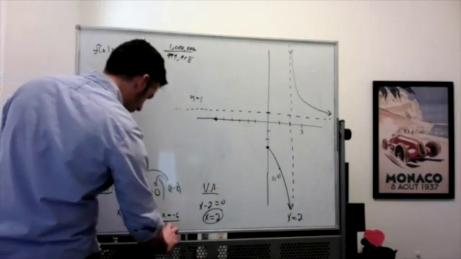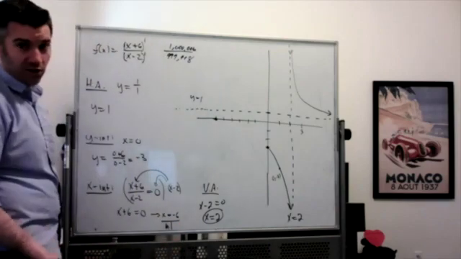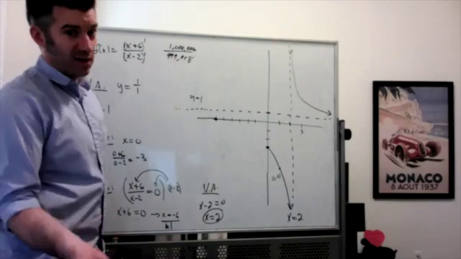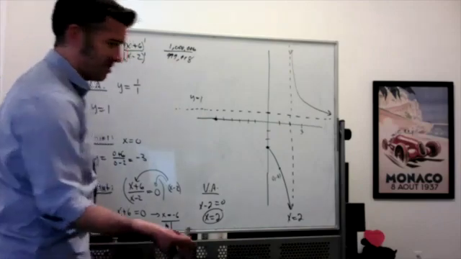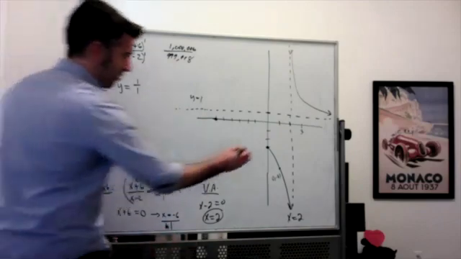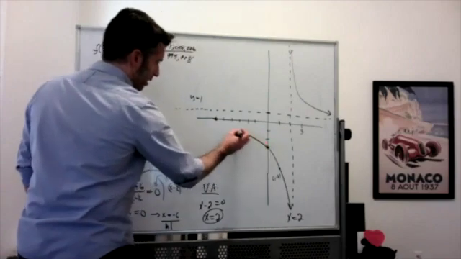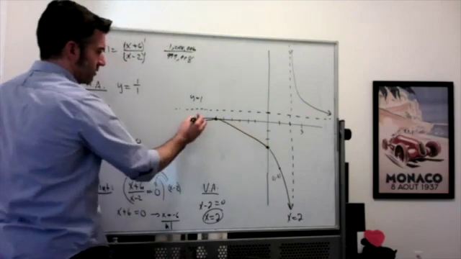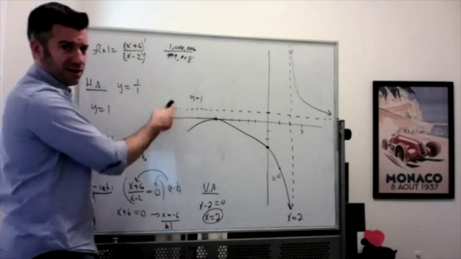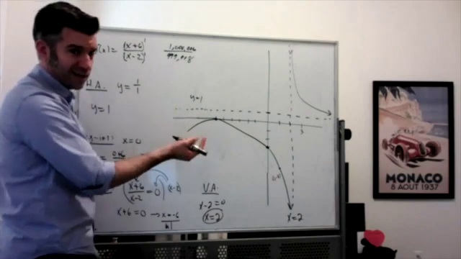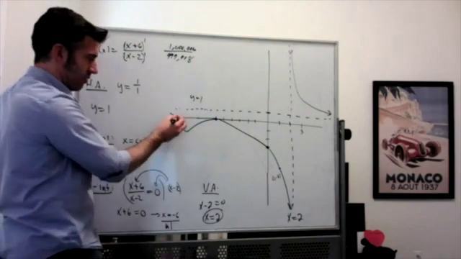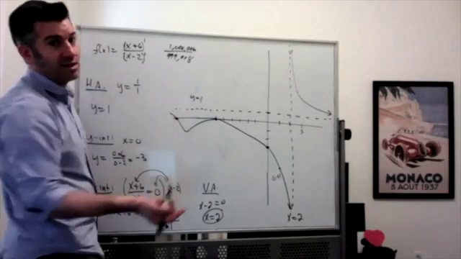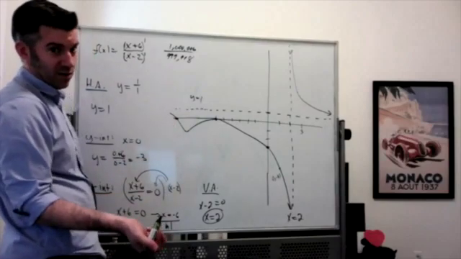The multiplicity here is 1, which means we're going to cross. Also, if you didn't want to think about that, you could say, well, there's a problem if I draw it wrong. If we bounce off, how are we ever going to get close to that horizontal asymptote? We can't, right? There are no more x-intercepts to go through. That's not allowed. So that's another reason why you're forced to do what you already know you had to do.